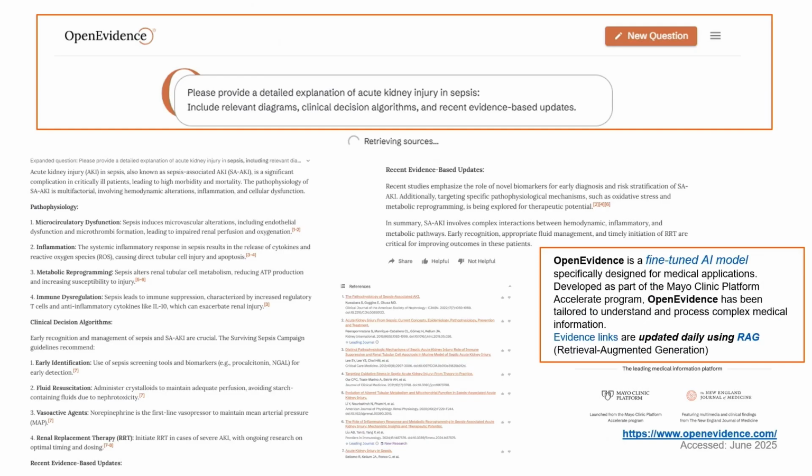OpenEvidence uses the knowledge base published in PubMed, basically, and the knowledge updates every 24 hours. So the output that you get may change over time. The papers that were published yesterday or the day before may show up as new evidence.